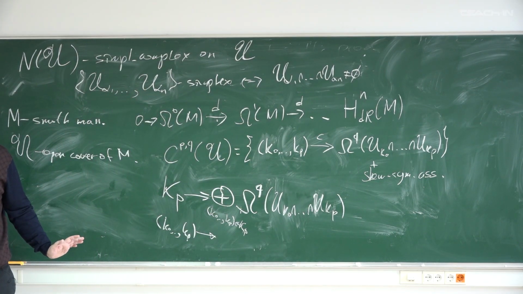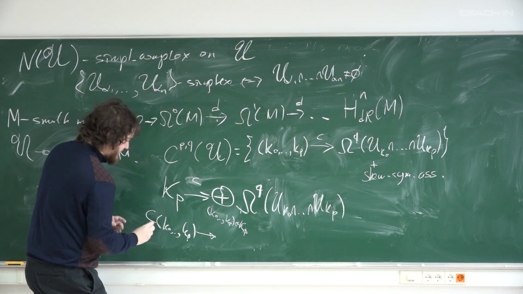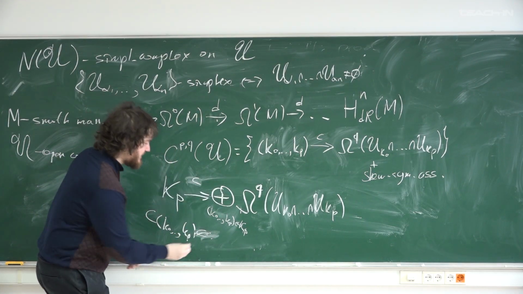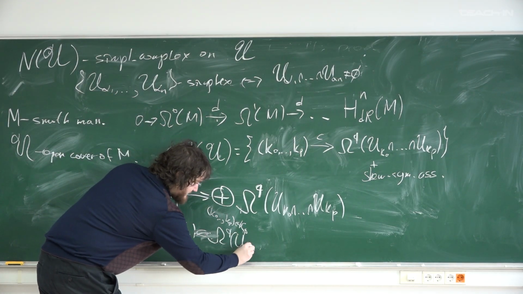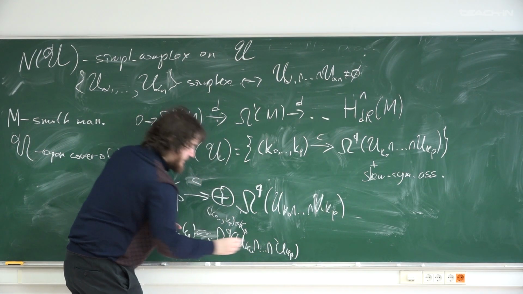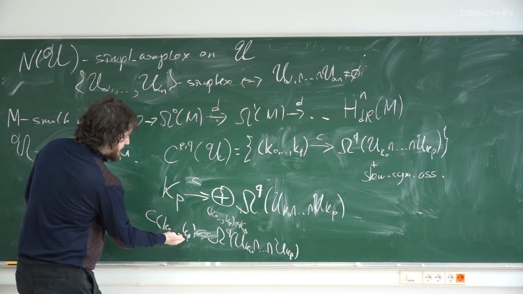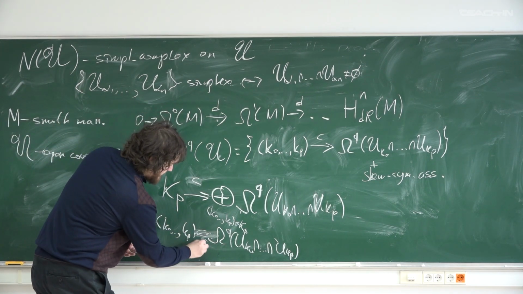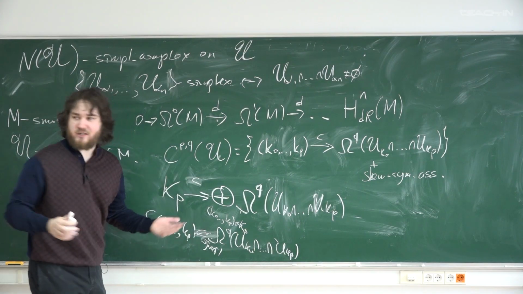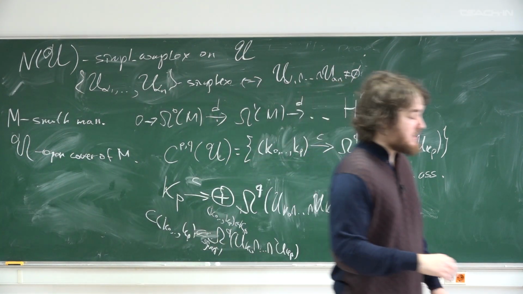What do you mean that a simplex takes value? It's some function, and its value on the simplex, in fact, is not the direct sum. It's just one summand corresponding to the intersection for this simplex. With skew-symmetric assumption: if I permute these vertices, I need to add some sign on this differential form. Such functions.